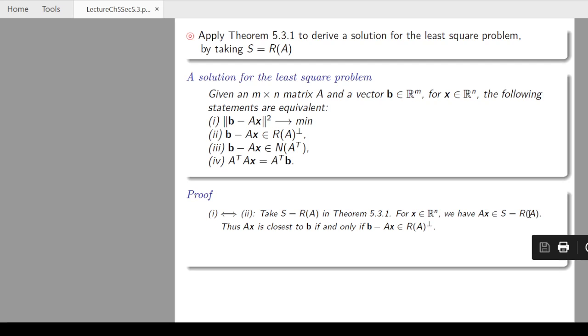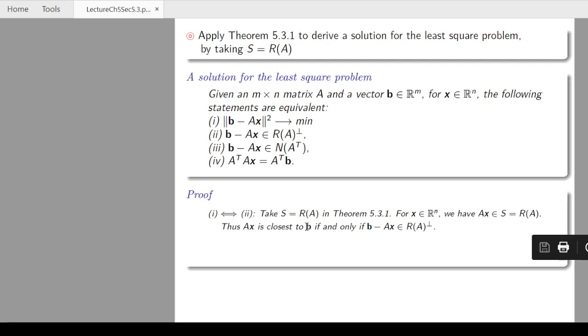By theorem 5.3.1, the second part, we can say Ax is closest to B if and only if B minus Ax belongs to the orthogonal complement of Ra.